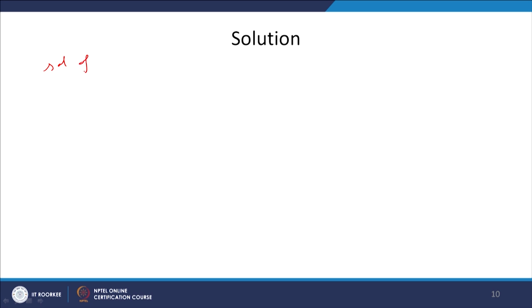Sorry, solution of the dual is 1 by 3 comma 1 by 3 and the objective function value is 4 by 3. You can do it as an exercise. I am leaving the proof as exercise because you are now quite comfortable in obtaining the solution graphically.